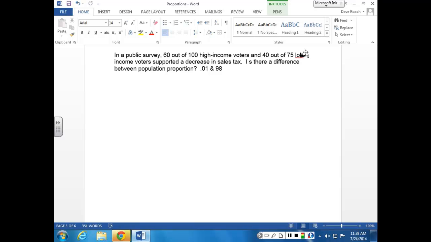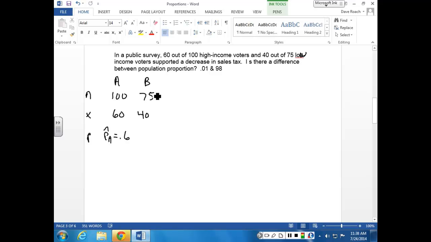So let's make a summary here. I'll call the high income group A. We have a sample size of 100. The number of yes is 60. And P hat A is equal to 0.6. That's just 60 out of 100. And for group B, we have 40 out of 75.